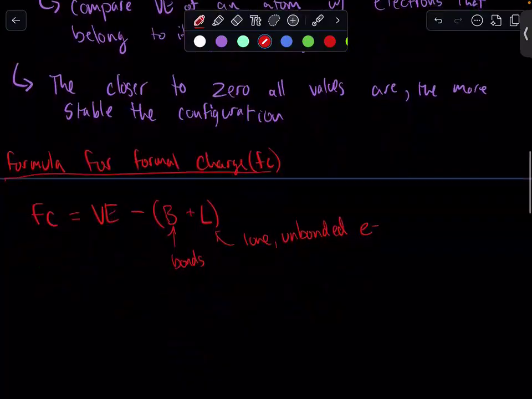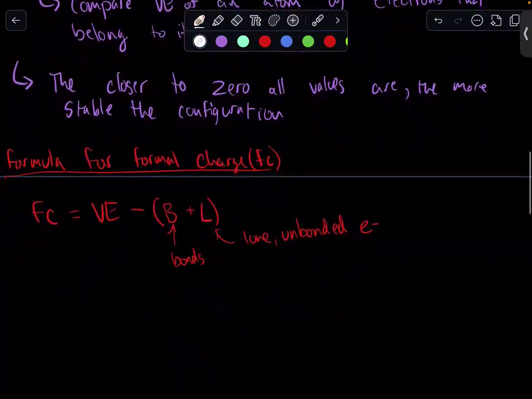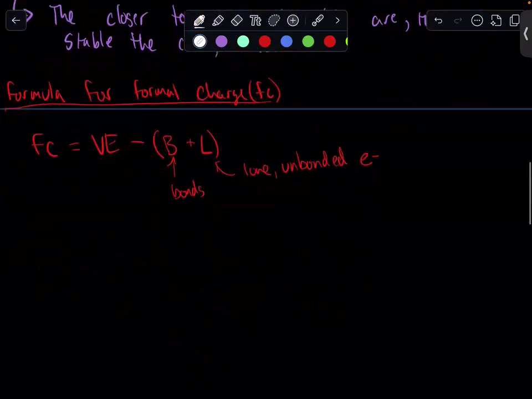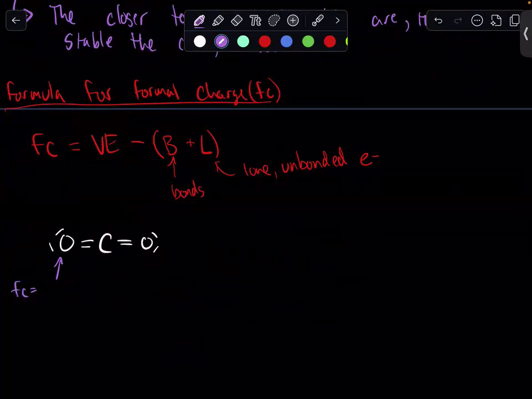All right, so now we have a formula, and we have some ideas of what formal charge even means, but let's put it into practice to actually solidify our ideas. So let's look at our two CO2 diagrams again. C double bond O, and we have to look at the formal charge for each individual atom here. Now, the first oxygen has a formal charge equal to its original valence electrons, which is 6. So VE is original valence electrons.